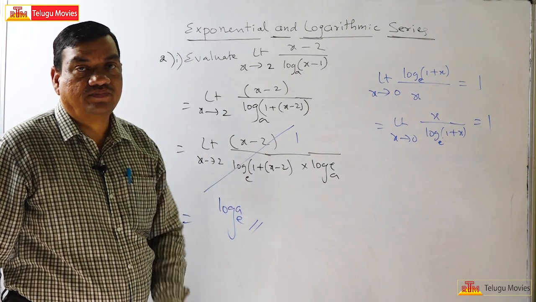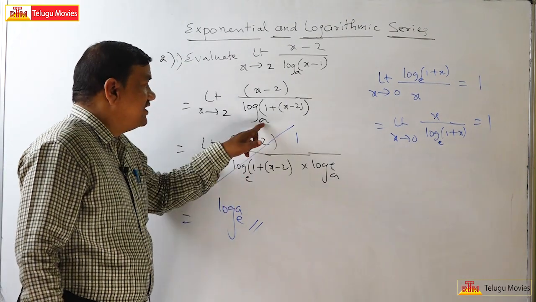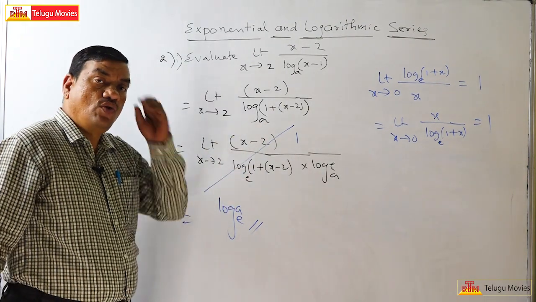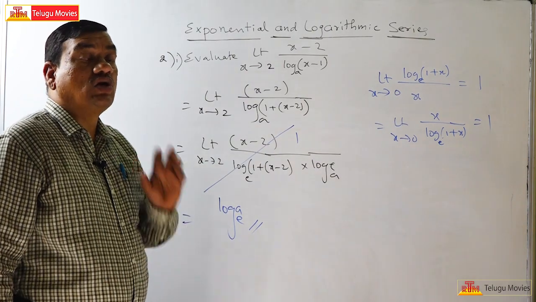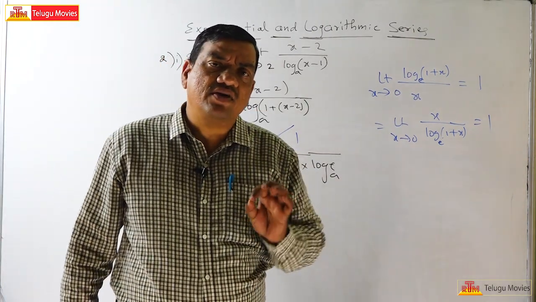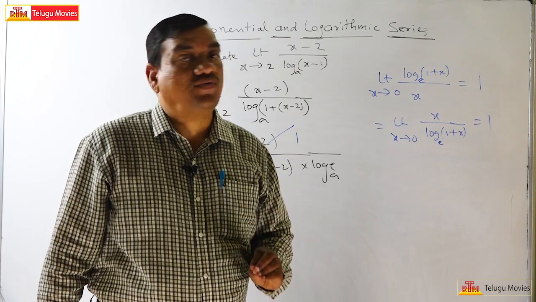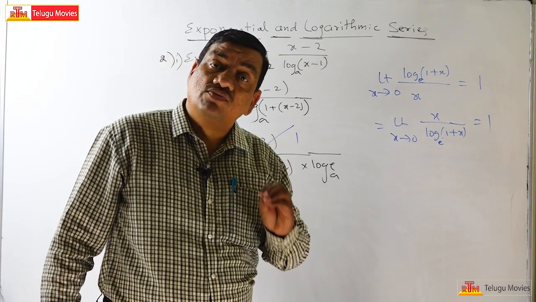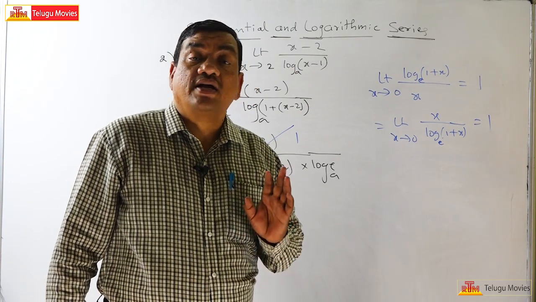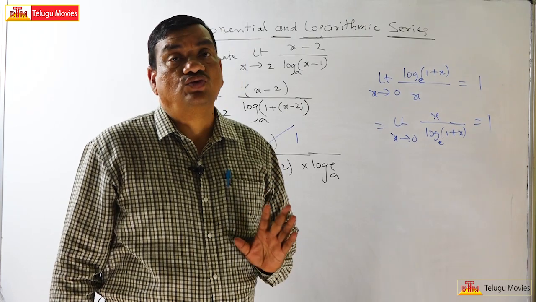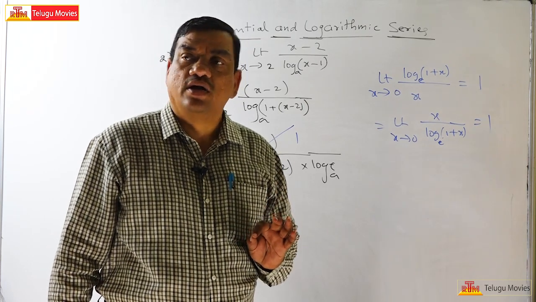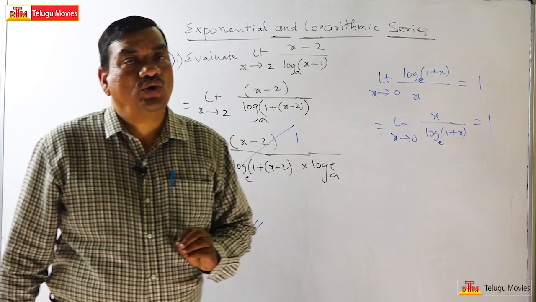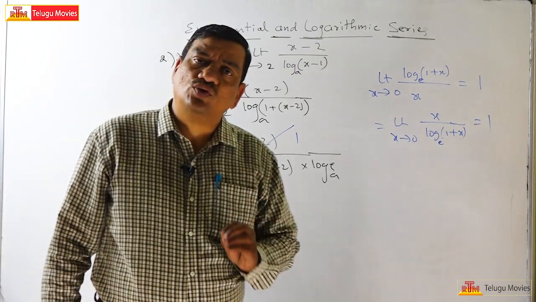They don't even think whether it is a or e. So while learning the formulas and concepts, be very precise and careful. I have come across a majority of students making mistakes here. I hope that you understand this problem. So let us move to the next problem.